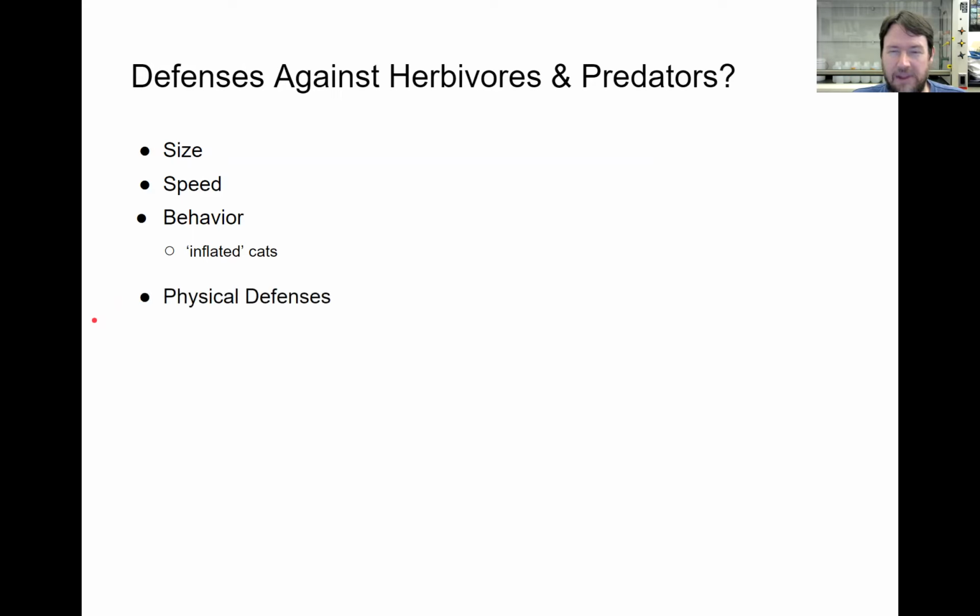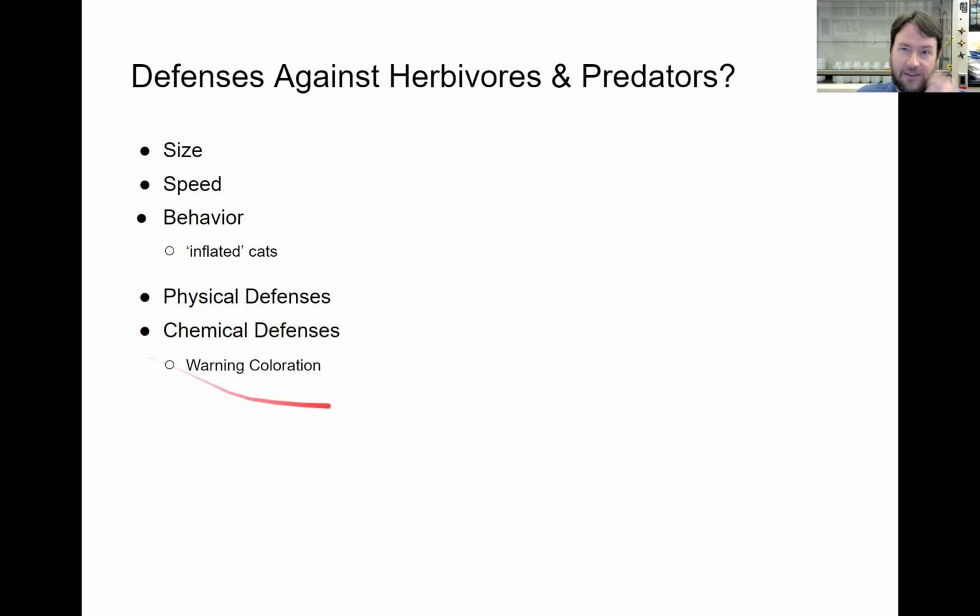Physical defenses, and I've got a couple of examples of this on the next slide, so I'm not going to say too much more about that. There are chemical defenses. So the skunk might go along with that one as well. That noxious skunk spray smell is a chemical that the skunk produces to deter would-be predators. And oftentimes there's a color palette that says, hey, I've got chemical defenses, don't mess with me.